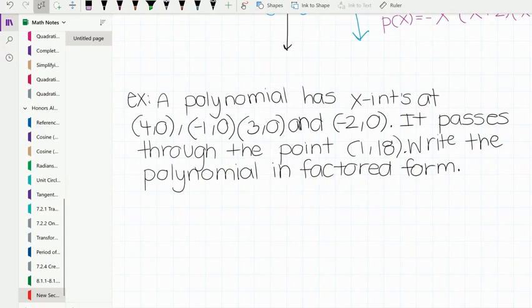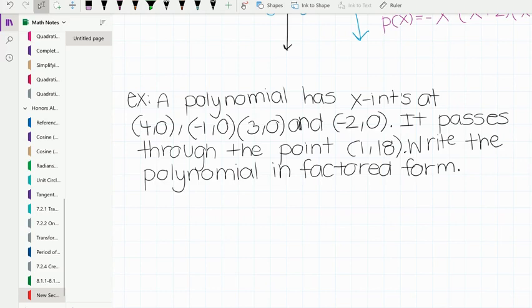Essentially, if you're asked to create an equation of a polynomial graph, you'd first want to identify the x-intercepts and then put it in factored form. Then you would pick a point on the polynomial, plug it in, and solve for a. The only difference here is I gave you the point.